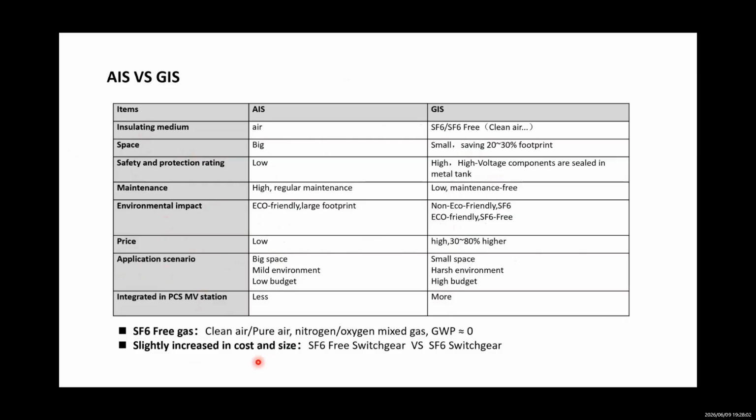The cost and the size of SF6-free are higher than SF6, because the insulation capability of SF6-free gas is not as good as SF6, so you need more space for designing and more cost.